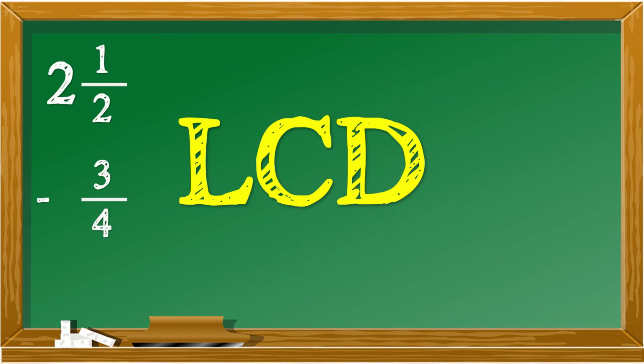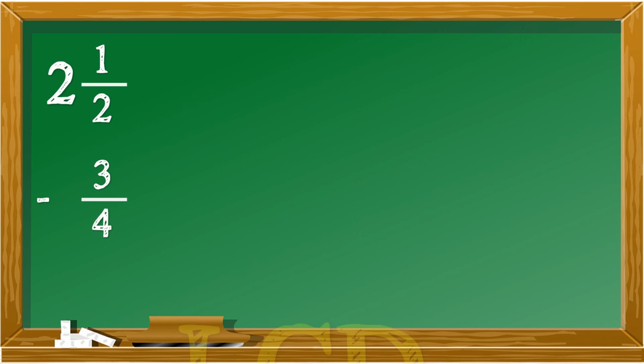Because 1/2 and 3/4 are dissimilar fractions, we need to find the LCD first to make them similar fractions. To find the LCD, list down all the multiples and look for the number that they have in common, and that is 4.